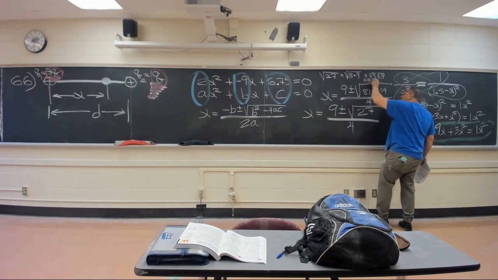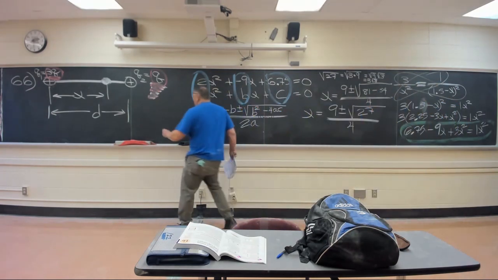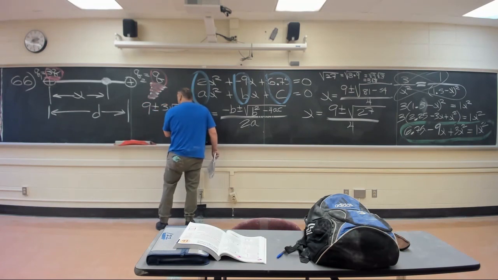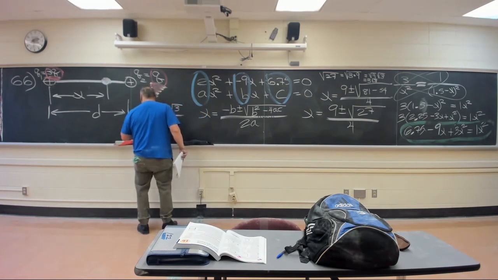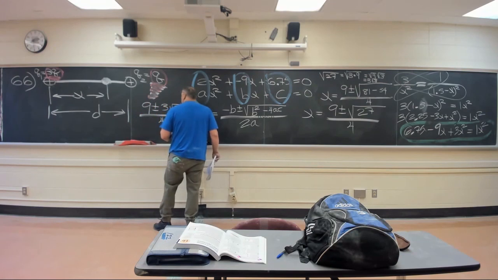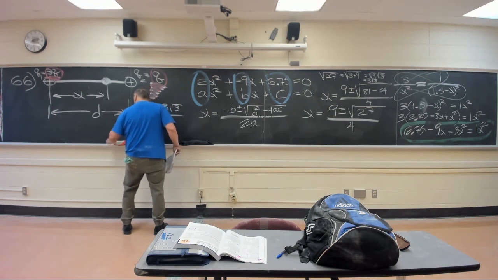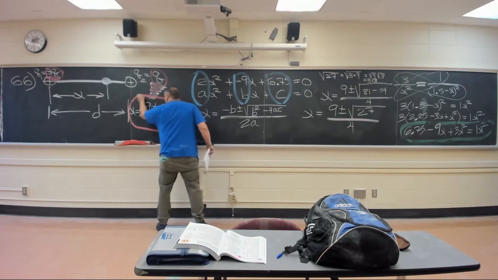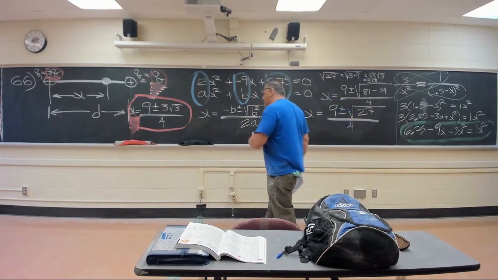That's 3 times the square root of 3. That's equal to x. X is equal to that. Let's not go too far with that.